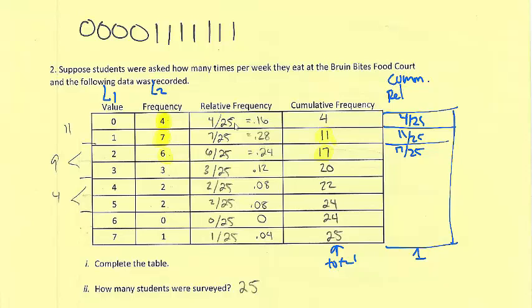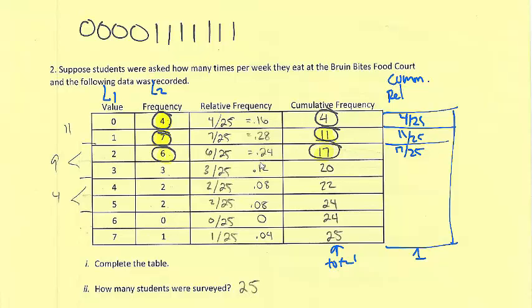Relative frequency would be the percent, and cumulative would be adding them up. So the first one was 4. The next one is 4 plus 7 is 11. 11 plus another 6 is 17.